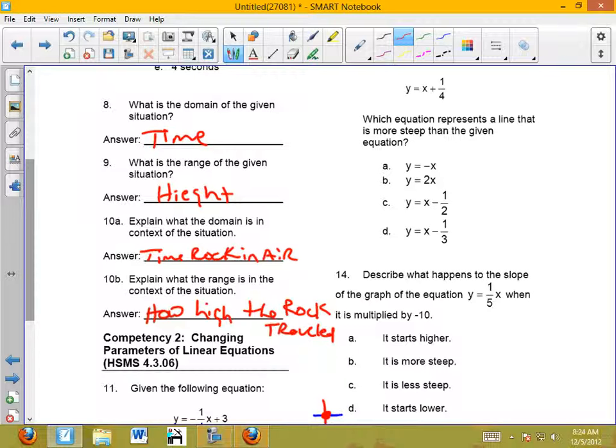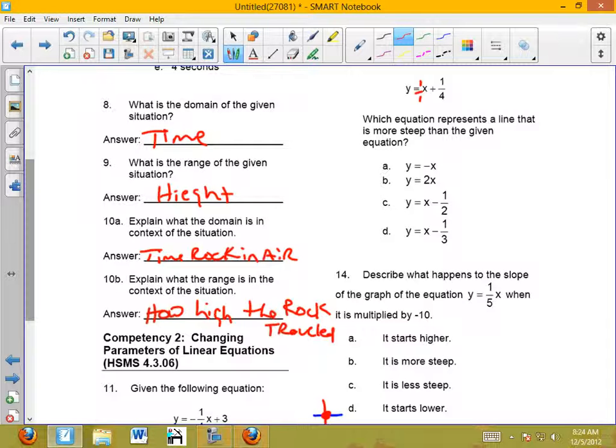We're looking at the slope. This is a tricky one because they give you a fraction for your y-intercept. My slope here is 1 over 1. For it to be steeper, what has to be bigger, the top or the bottom? The top. The rise has to be bigger for it to be steeper.